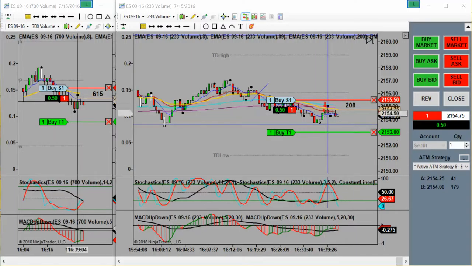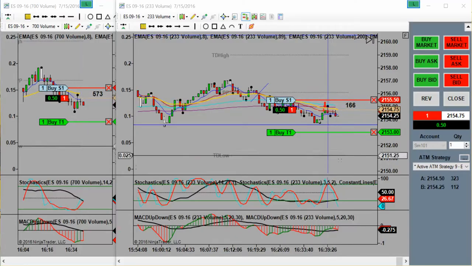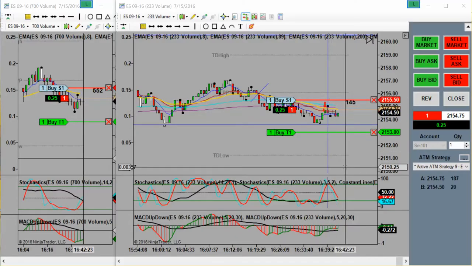My stop loss just came up according to my automated strategy. Actually, sorry, I am using an automated trailing stop. So that stop loss was higher, but as soon as I got plus 2 ticks, it starts to follow the price by 4 or 5 ticks.